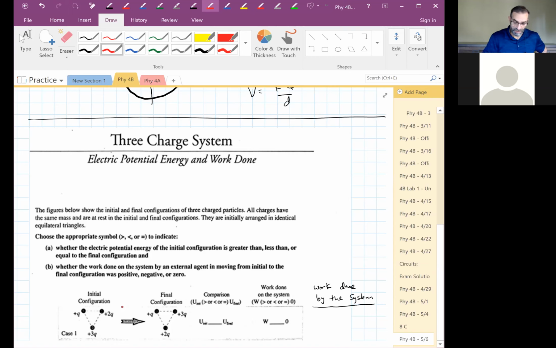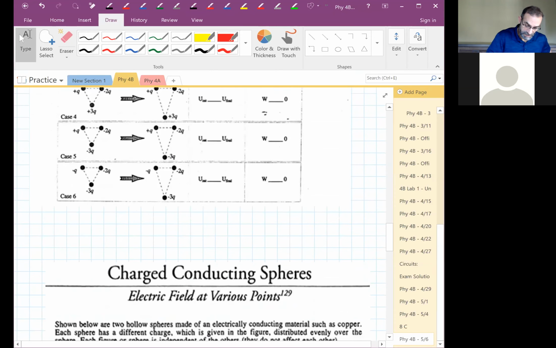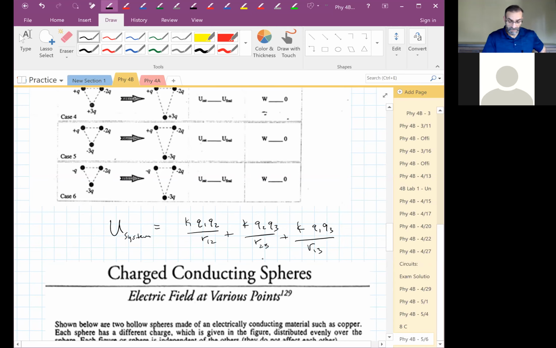If you think about what we talked about last time, where the energy in the system of 3 charges, it's the sum of every interaction energy, right?